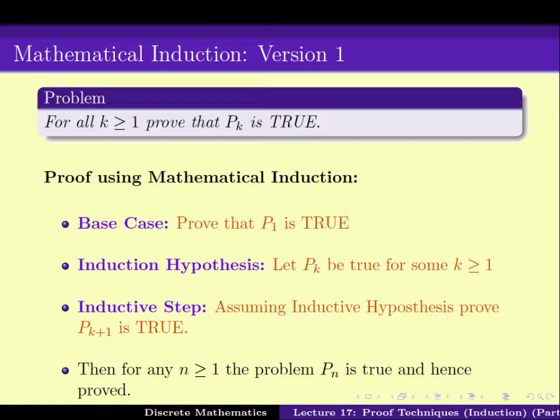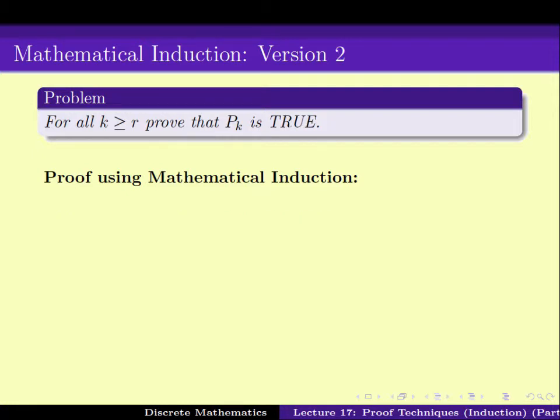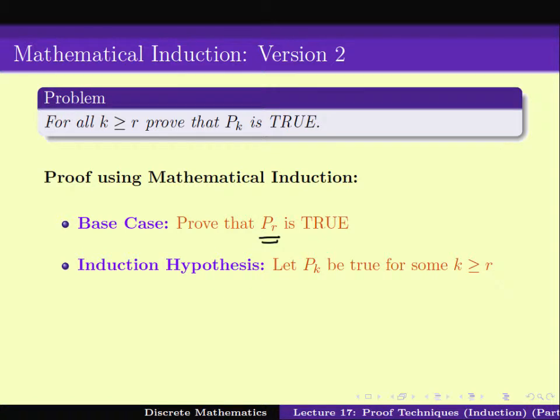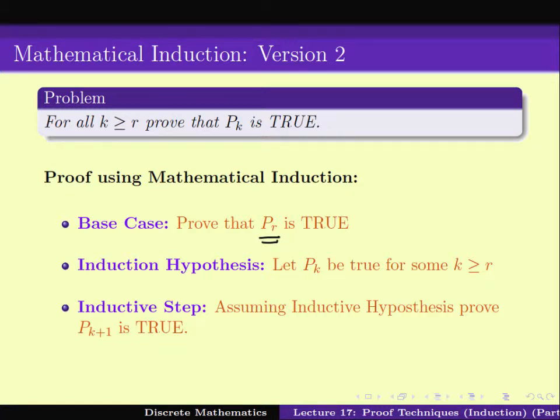Now the second version is when the base case doesn't start from 1. It's a slight modification where, if we have to prove that for all k greater than or equal to r, Pk is true, then we start with the base case where Pr is true, and then we follow the induction hypothesis, which says that we assume Pk is true for some k greater than or equal to r, and then we have to prove that Pk plus 1 is true.